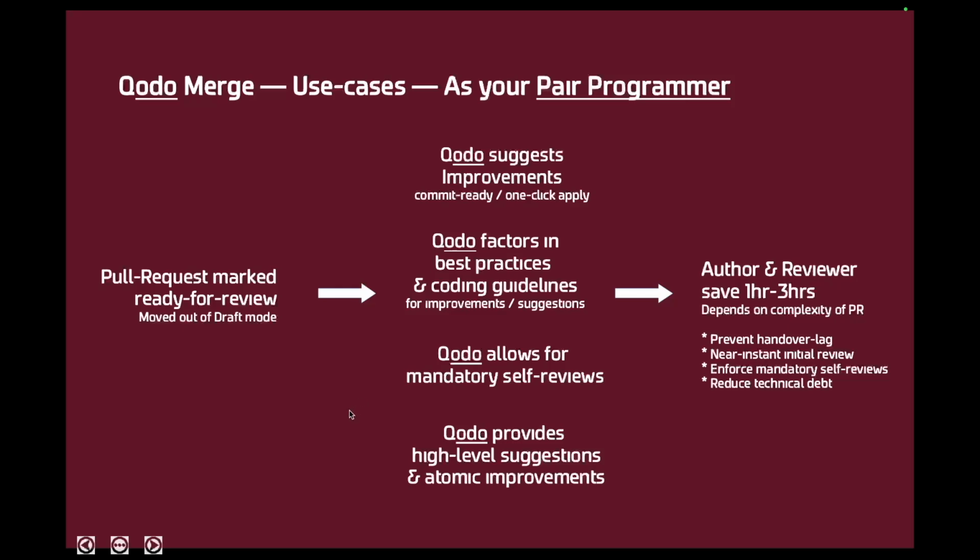And finally, Qodo also provides high-level suggestions and not just atomic improvements. Depending again on the complexity of the PR, the author and the reviewer together can save up to 3 hours. You're again preventing handover lag. You are getting a near instant initial review, which is extremely valuable for the author. You're enforcing mandatory self reviews, which improve the team processes. And of course, with all of this, you are able to reduce the debt.